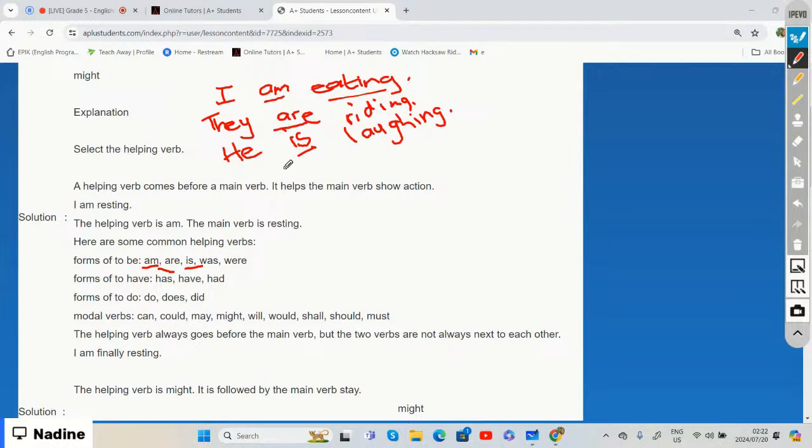We use the word was, which is in the past tense, right? Then you can maybe say she was crying. So was is our helping verb.